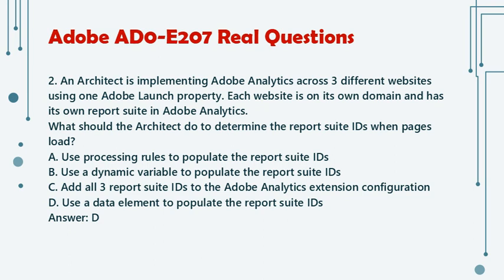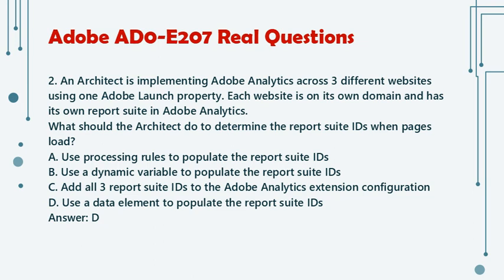2. An architect is implementing Adobe Analytics across 3 different websites using one Adobe Launch property. Each website is on its own domain and has its own report suite in Adobe Analytics. What should the architect do to determine the report suite IDs when pages load?